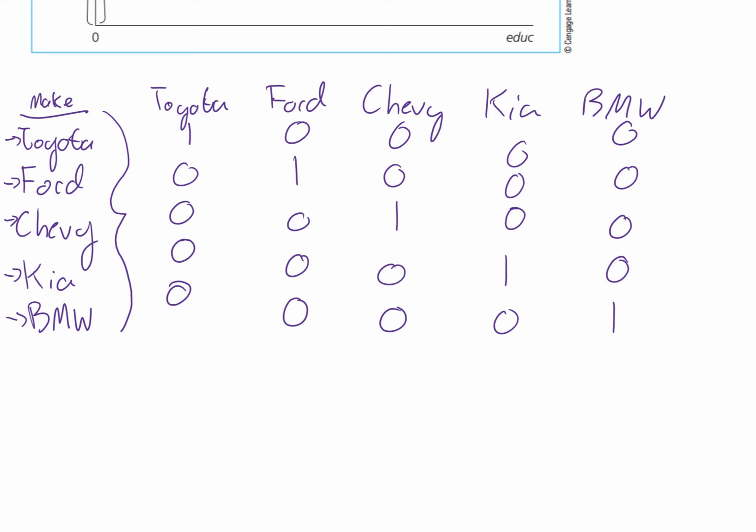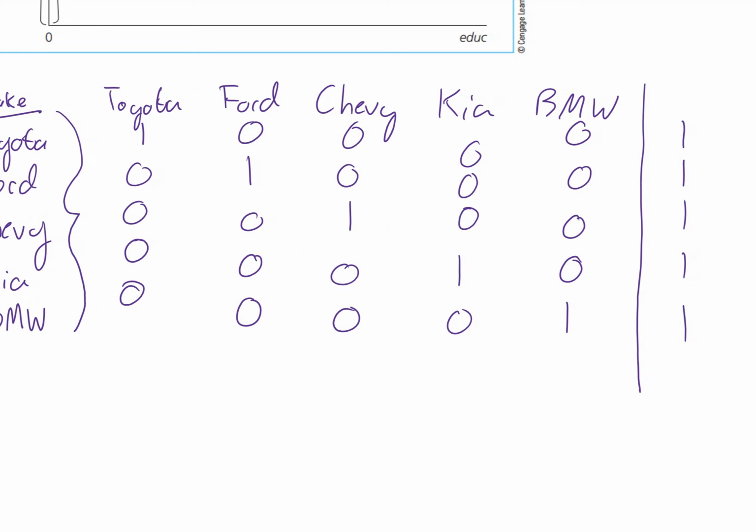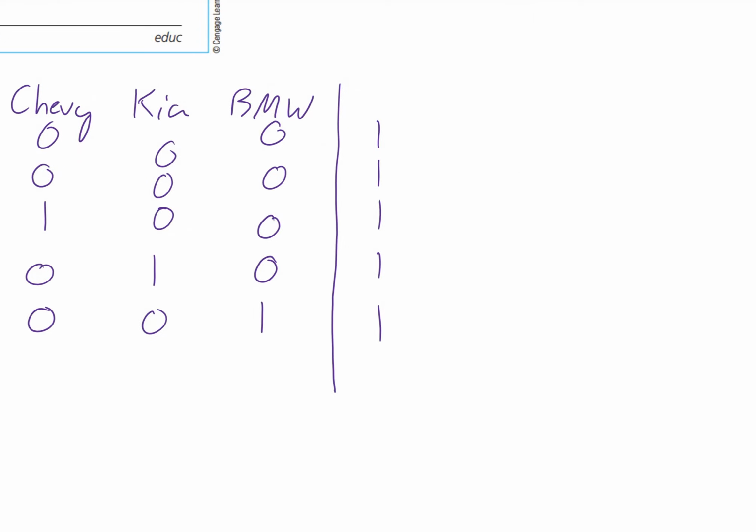And the key here again, just like we saw with male or female, is that we can't have any sort of linear combination that doesn't vary. If we combined all of these, we'd have 1, 1, 1, 1, 1. So they're all the same once we combine them all. There's no variation here, so we can't do that.